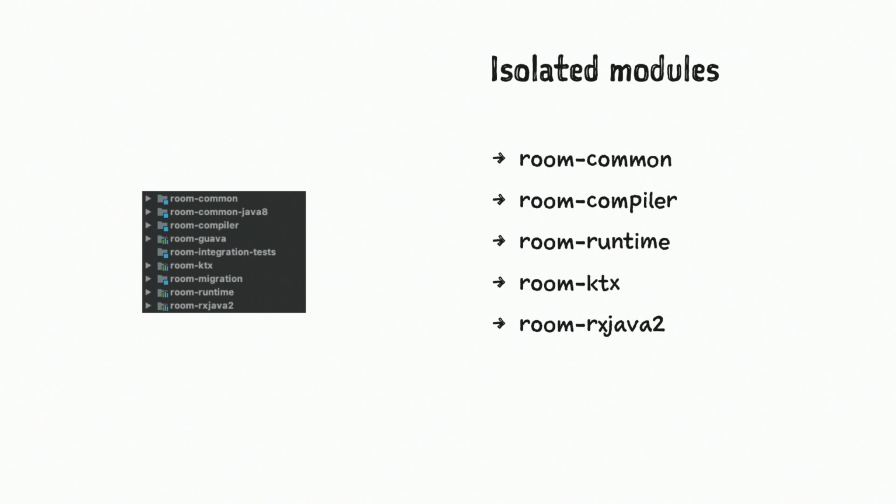And we have the modules for Room coroutines and Room RxJava, which are the hooks that we use when we want to use RxJava or coroutines on Room. Room itself doesn't have any knowledge of these concepts.